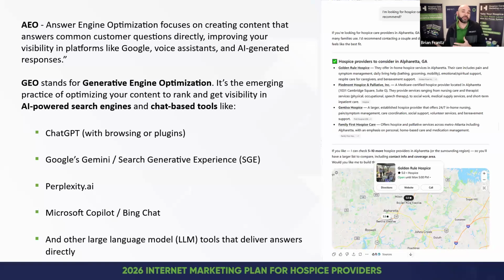Some people on the call may be using ChatGPT a lot, but it is growing in popularity and it's catching up. Google's still the monster, with the lion's share of the searches, but ChatGPT and these other AI platforms are catching up. A lot more people are going to ChatGPT, Google's Gemini, Perplexity, and they're typing in, find me a hospice provider near me in this city, who do you recommend?